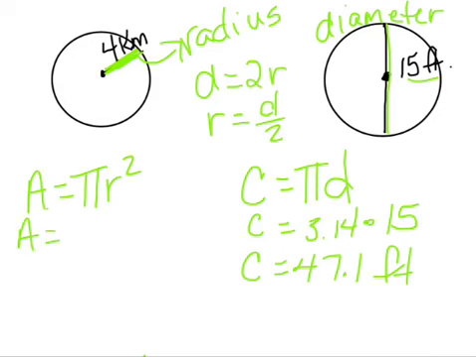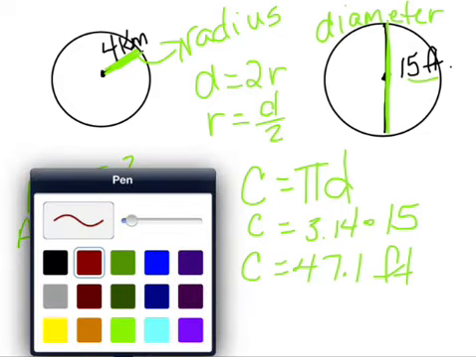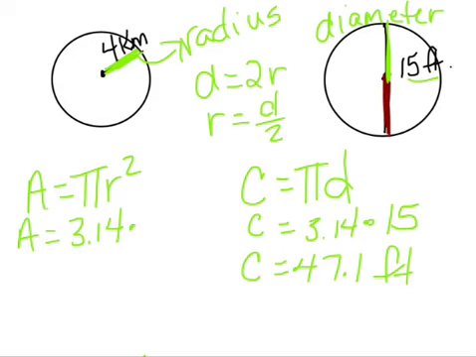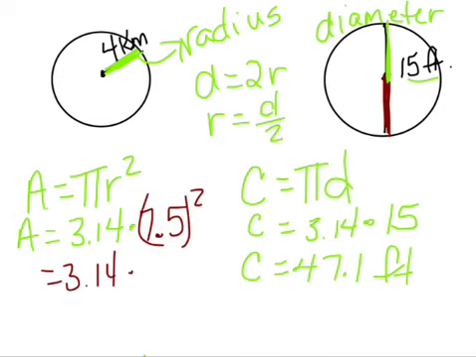So my area is equal to pi, 3.14, times my radius. Remember, we talked about that this is a diameter, so it's not 15 squared. The radius is just going to be what? Half of that. So half of 15, you could do that on your calculator, is 7.5, and I need that to the second power. So plugging that in, I have 3.14 times 7.5 to the second power means what? 7.5 times 7.5 is 56.25.